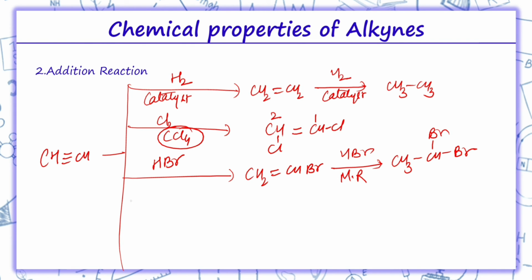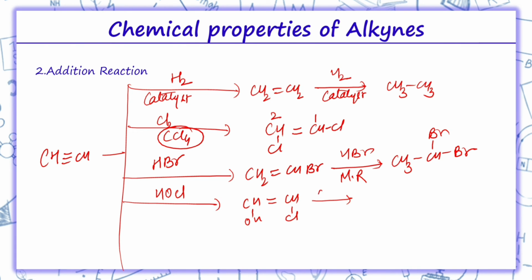The next is HOCl. When we add HOCl, on one carbon atom there will be attachment of an OH group, and on the other carbon atom there will be attachment of a Cl group.